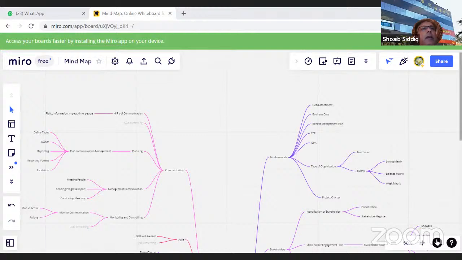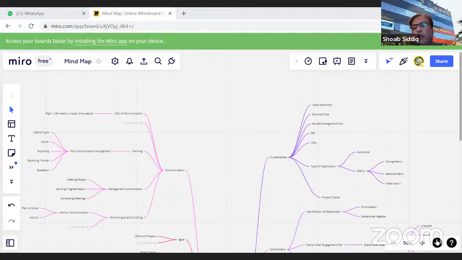To engage them, we need to consider the main part, the 4 R's: right information at the right time, to the right people, with the right impact. The last part is monitoring and controlling the communication, in which we need to define the process: what information is to be shared with whom and at what time, and plan versus actual.